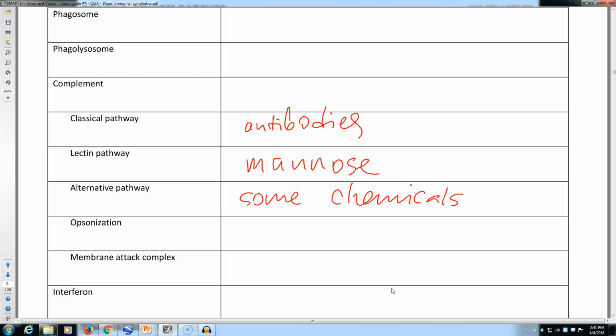Opsonization, when something covers the surface of a pathogen, making it more attractive to macrophages. Does it make sense? Okay. So complement can opsonize. It can form membrane attack complex, and it can also stimulate inflammatory responses.